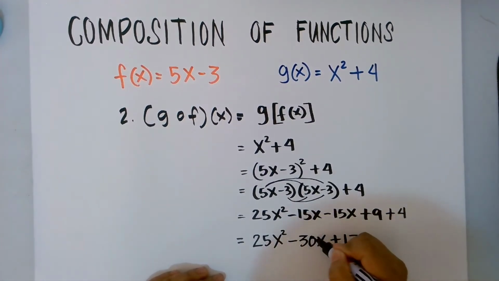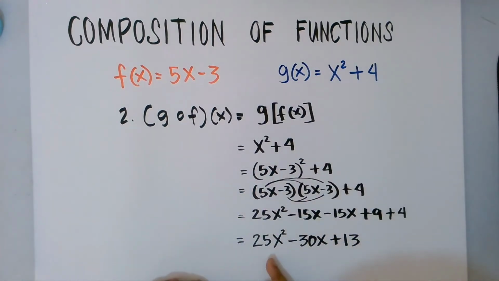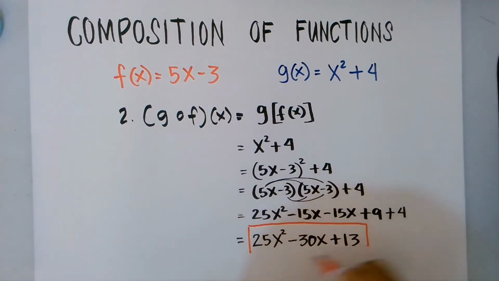Okay. So ayan. Ayusin ko lang to. That's 30. I mean 0. Baka malito kasi kayo. Okay. So therefore, the composite functions of G and F is, ayan, 25x squared minus 30x plus 13. Okay, and there you have it.